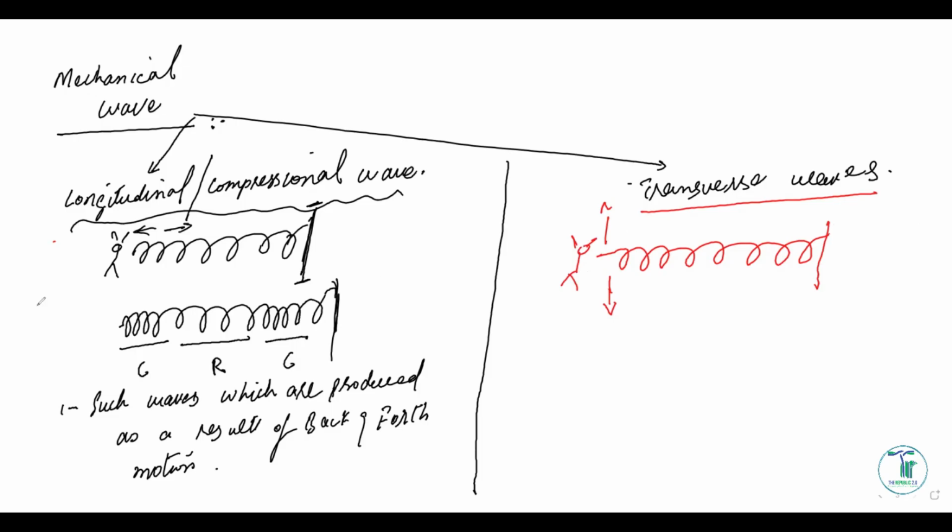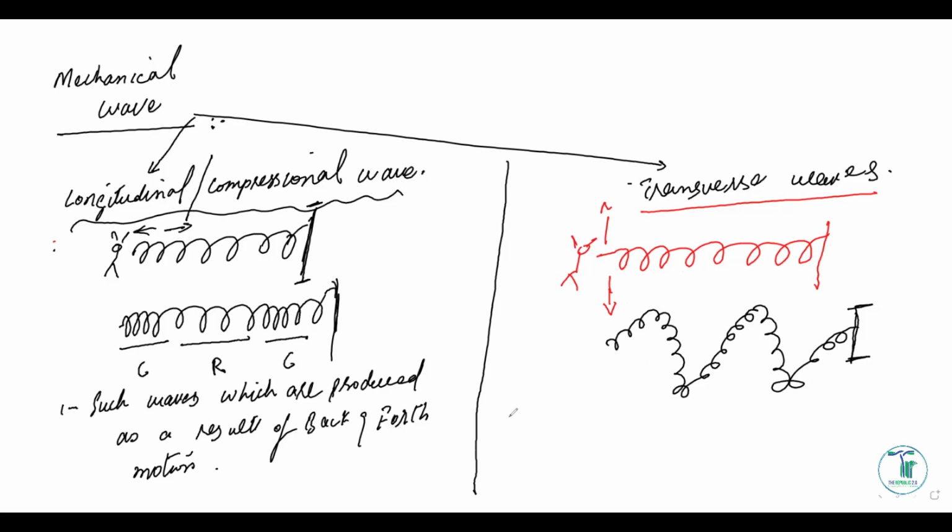Is that clear? Yes. When you move it up and down, you'll see a pattern forming in the spring that should look like this. Is that clear? Right? So this is known as a transverse wave.